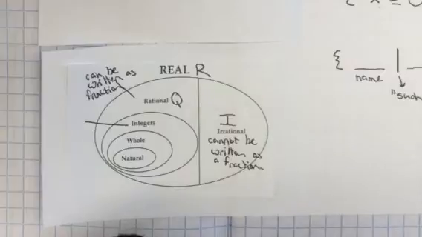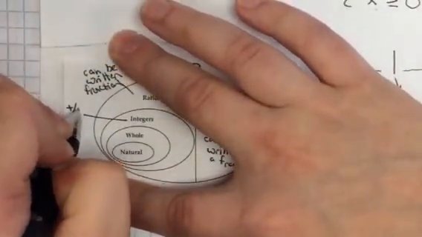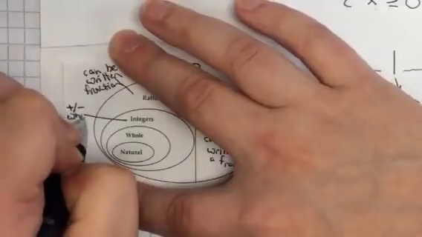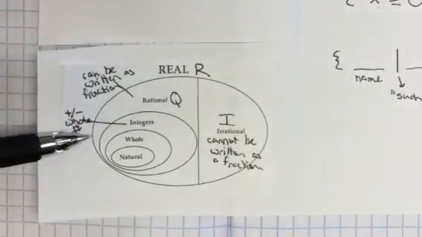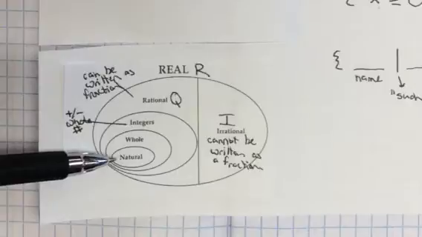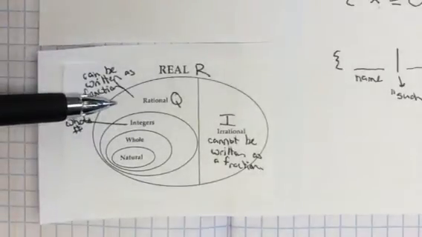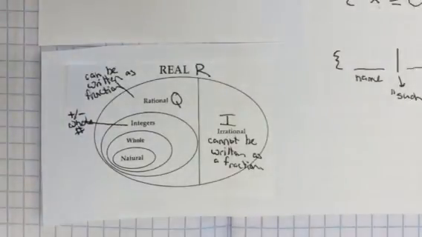Yeah, negative. So integer refers to any positive or negative whole number. So I'm going to go like this. Positive or negative whole numbers. Okay? So integers are rational numbers, but there are some rational numbers that are not integers, right? So -3 is a rational number. 1/2, not an integer. So you see how we're kind of narrowing in on our groups here.